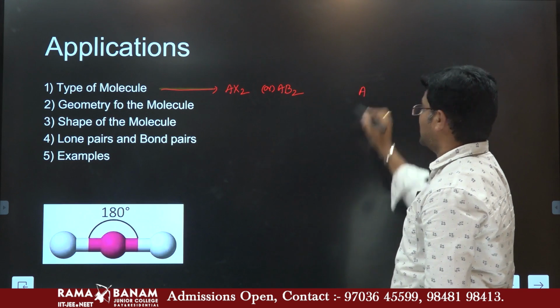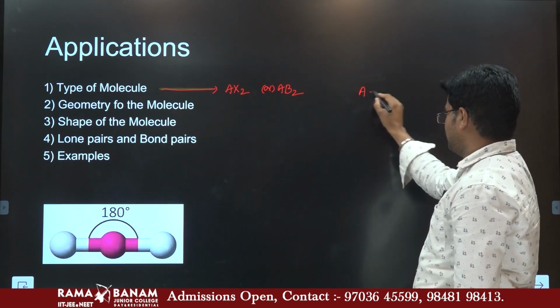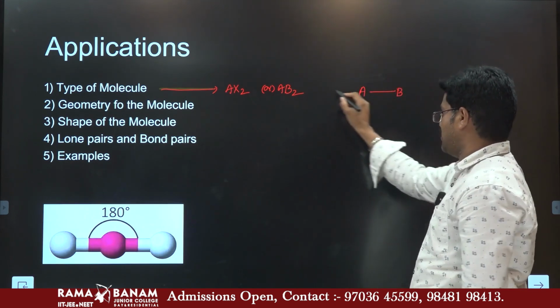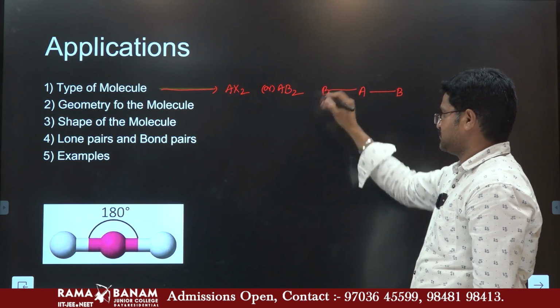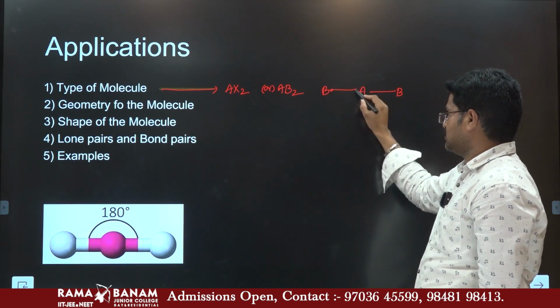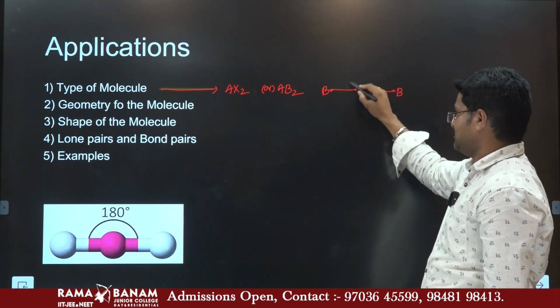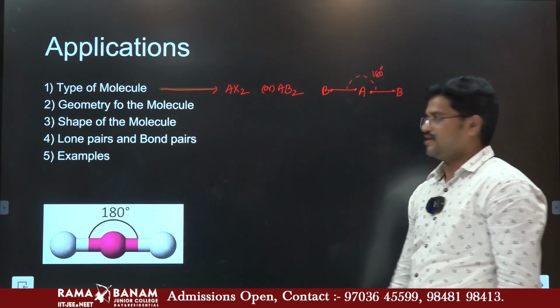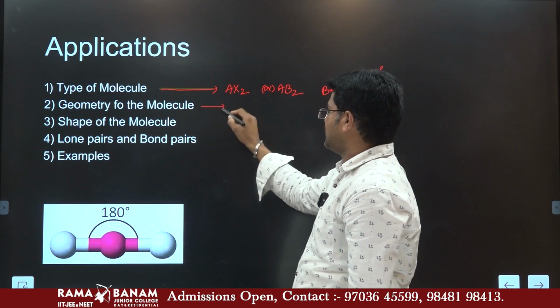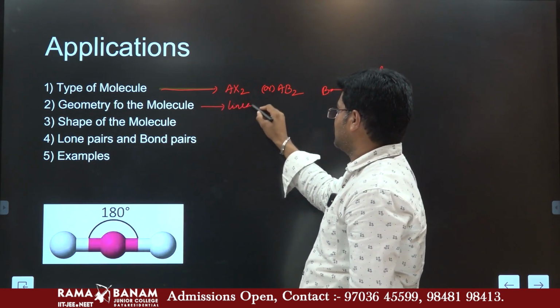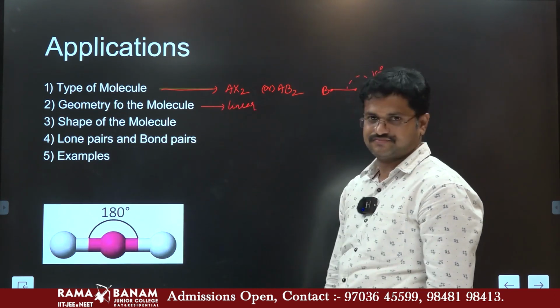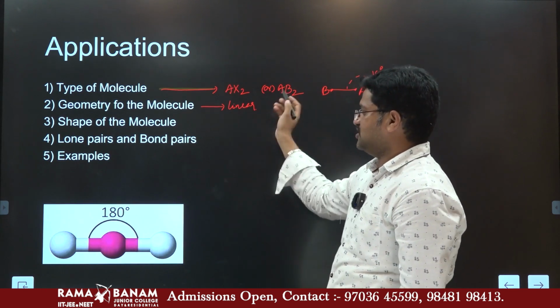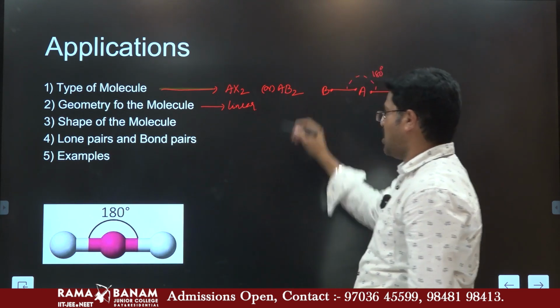A is the central atom, B is the bonded atom, 2 bonds, in linear geometry, the angle is 180 degrees. The geometry of the molecule is what? Linear geometry. The shape of the molecule is also linear because here only 2 bond pairs are present.